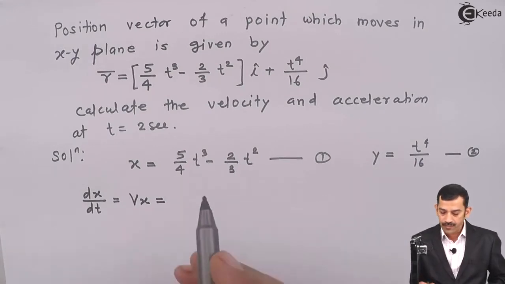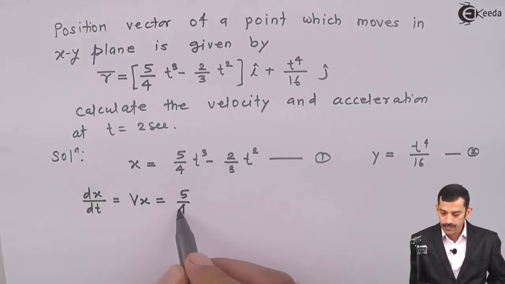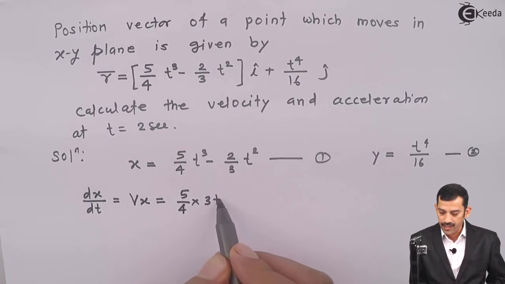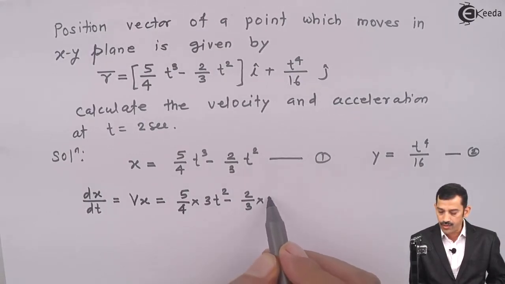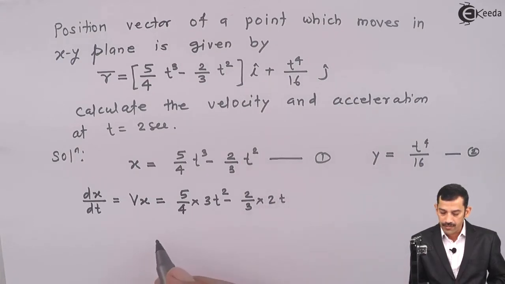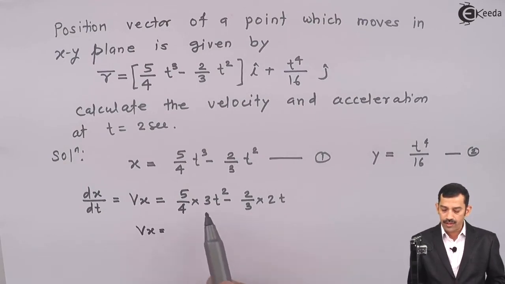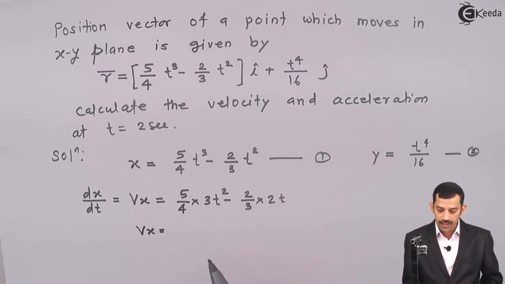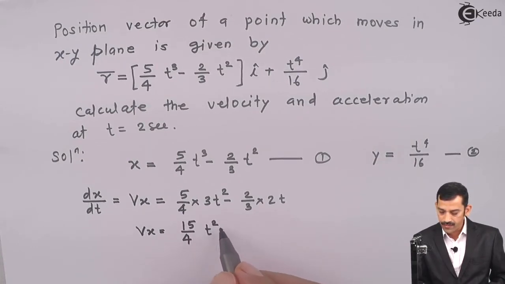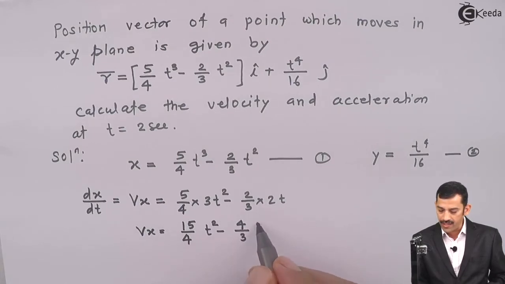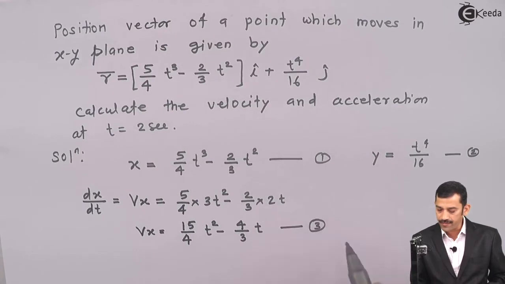What will we get here? 5 by 4 into 3t square minus 2 by 3 into 2t. If we simplify, Vx equal to, 5 into 3 is 15, that means 15 by 4 t square minus 4 divided by 3 t. Say this one is equation number 3.